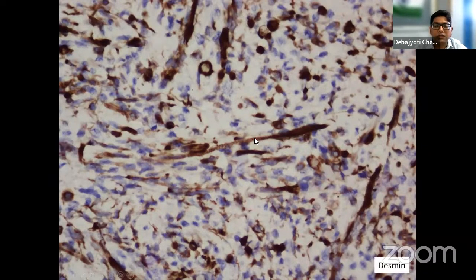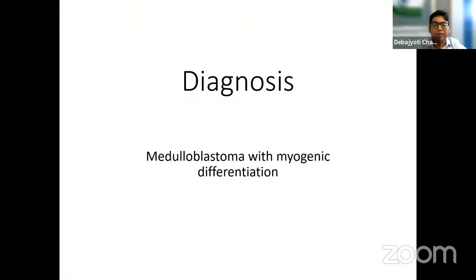So this indicates a rhabdomyoblastic differentiation, and this component was also positive for myogenin, which shows nuclear positivity. So based on these findings, the diagnosis would be a medulloblastoma with myogenic differentiation.